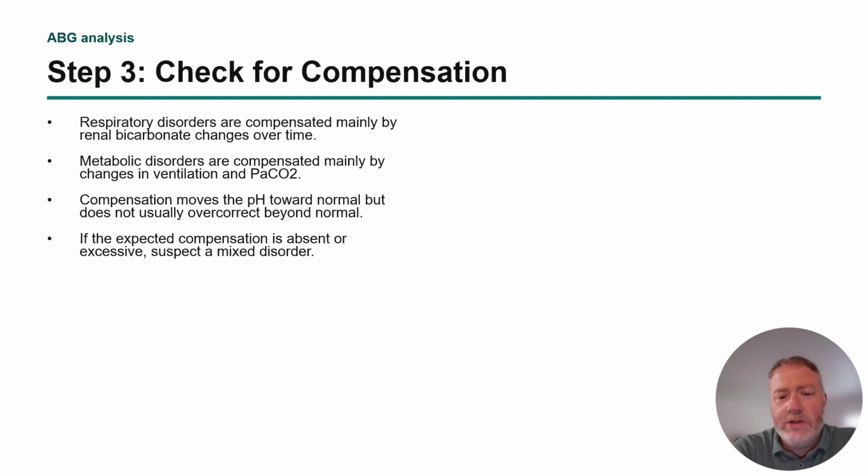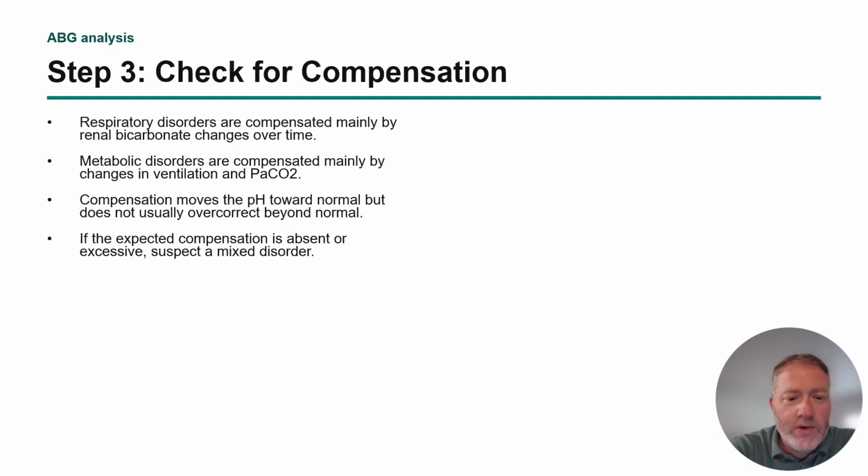So if your pH is low, say 7.30, and your CO2 is high, say 55, and their bicarb is elevated as well, then the patient is compensating, a partially compensated respiratory acidosis, and that's a slow buildup over time.